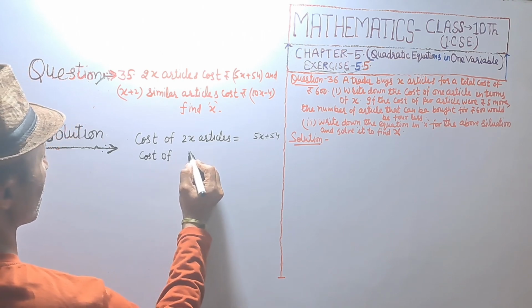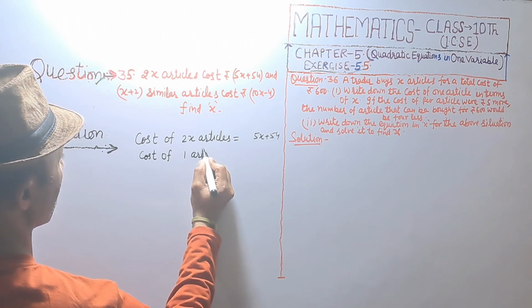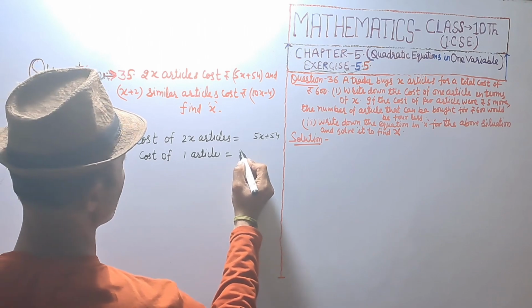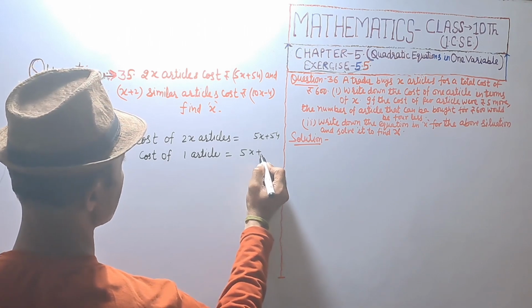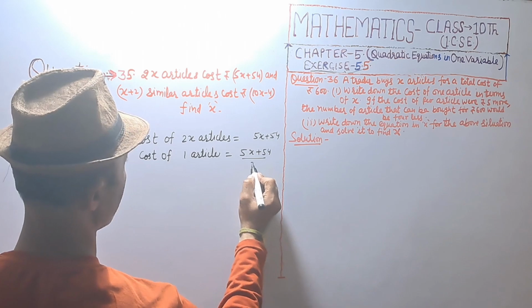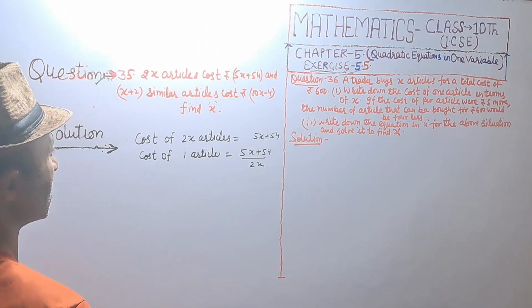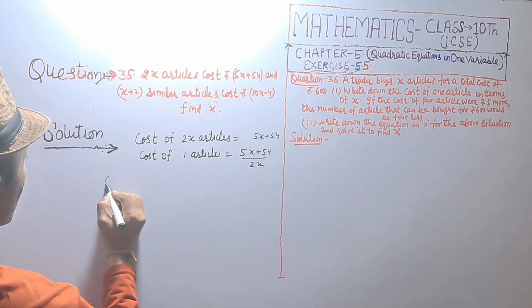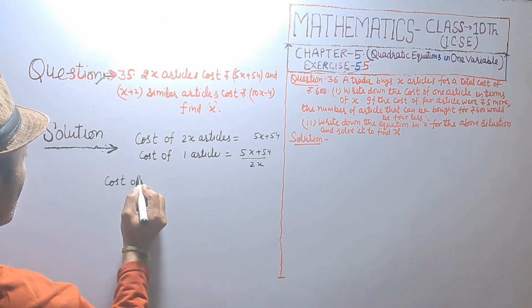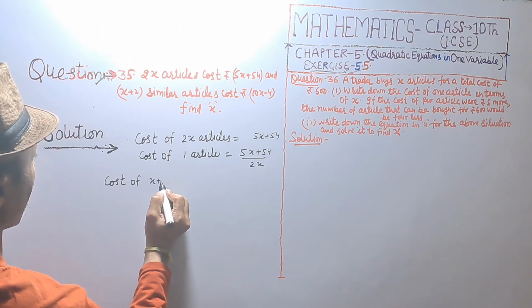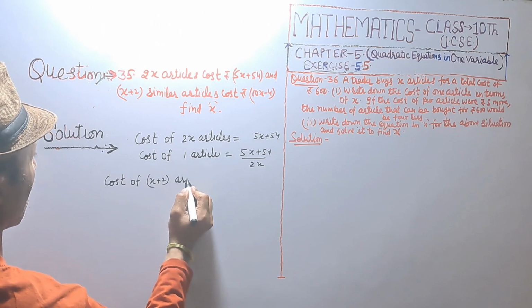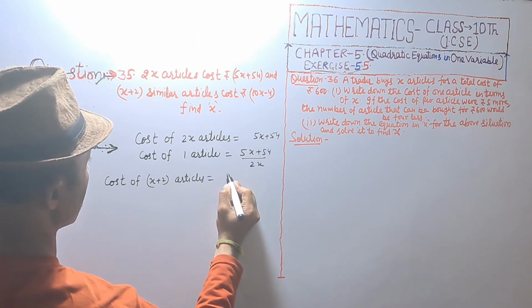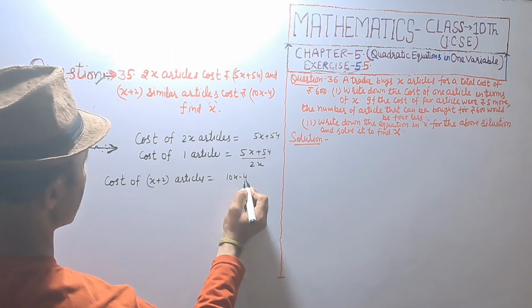Cost of one article is equal to 5x plus 54 divided by 2x, and cost of x plus 2 articles is equal to 10x minus 4.